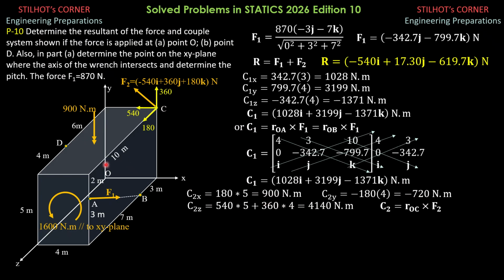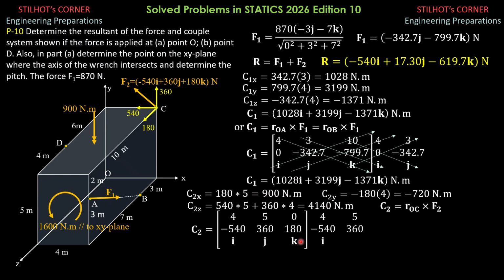So that is ROC, there's no other point where F2 acts or its line of action is defined except at C. So it is ROC cross F2, moment or C sub 2. So that would be going to the right 4I, then going upward 5J. So 450. So C sub 2 is 450 components of F2, then unit vectors.